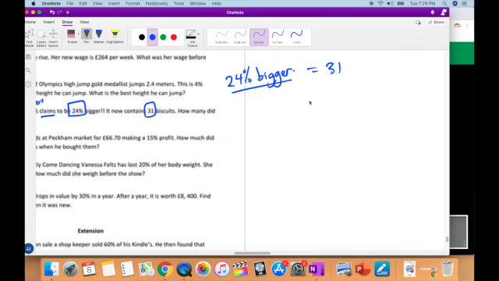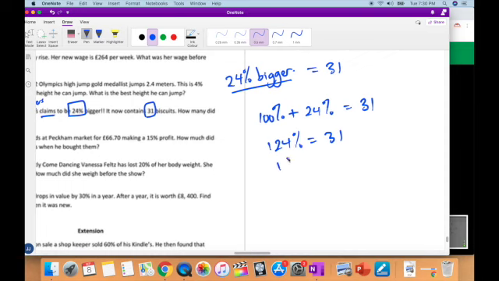You agree with that, Caitlin? Yeah. Originally it was 100%, but they made it 24% bigger. So that means 124% has 31 biscuits.